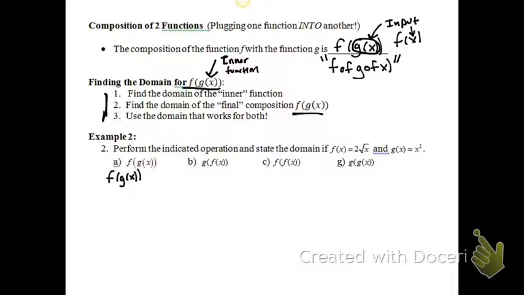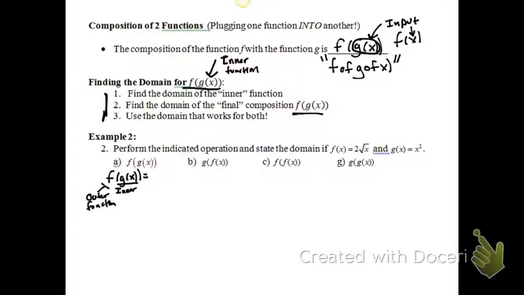Now note, first of all, that this is our inner function. It's g of x. And what I'm going to do is rewrite the function f, the outer function. When I refer to the outer function, the letter that's on the very outside, that's your outer function.